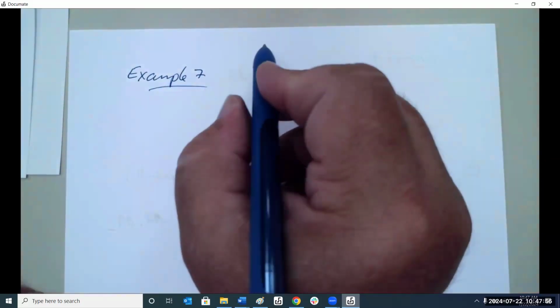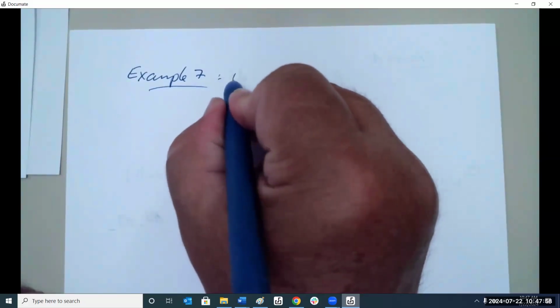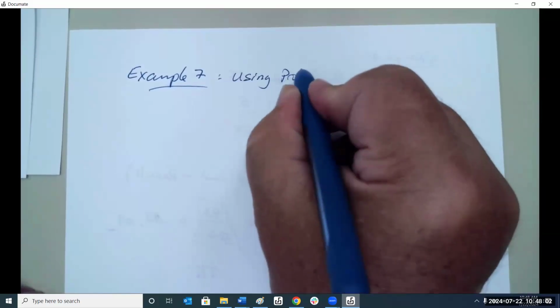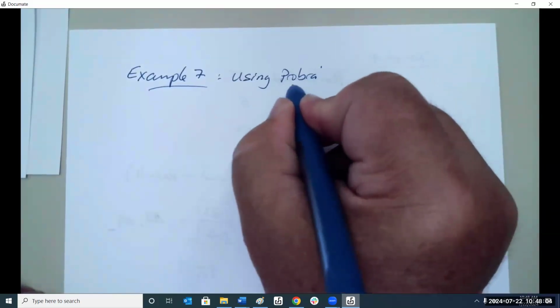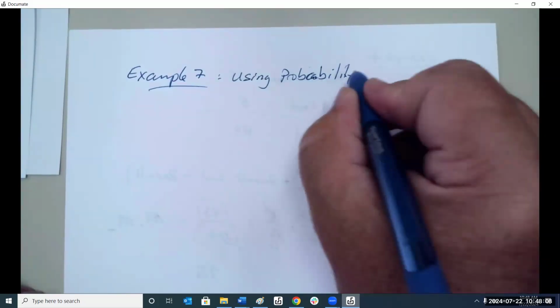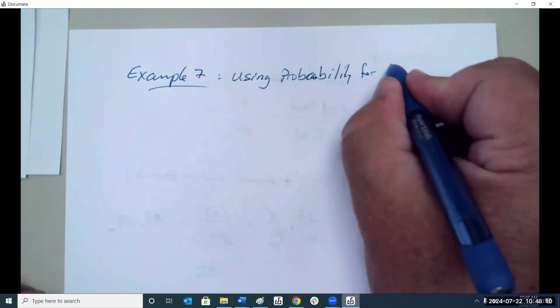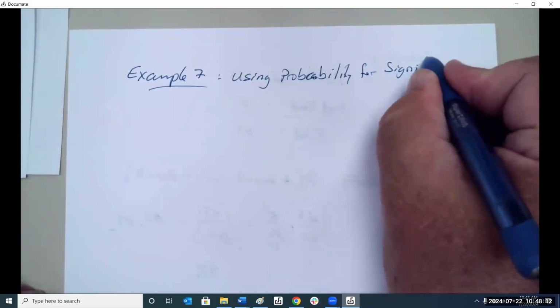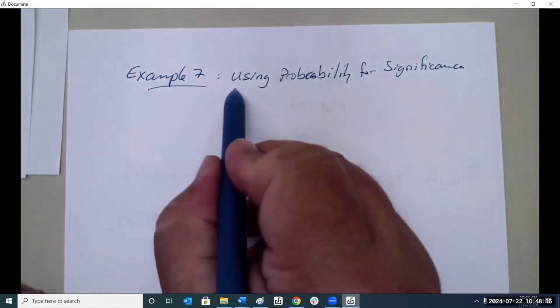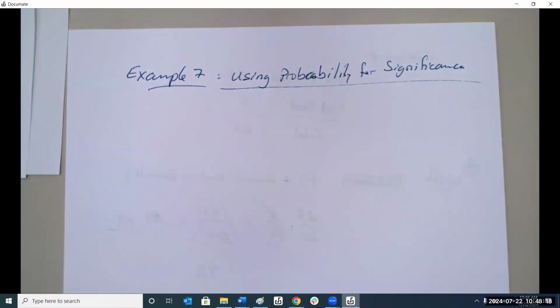Example 7, using probability for significance. What is significance? Significance tells how many decimal points we are going to be accurate to.